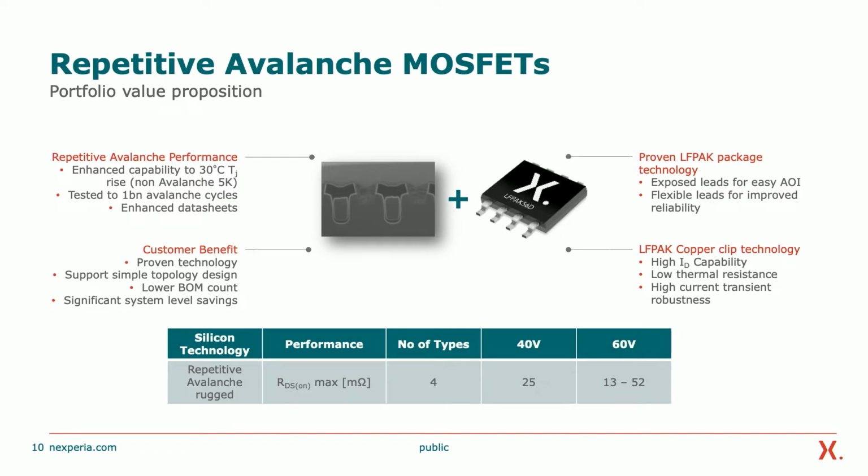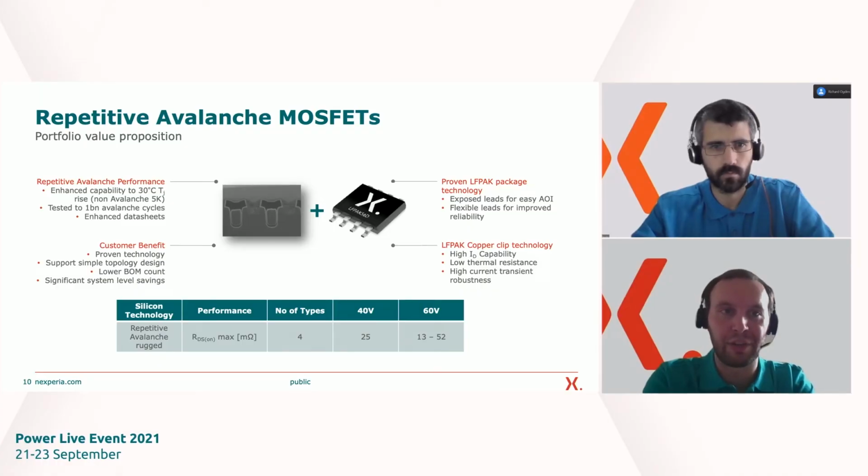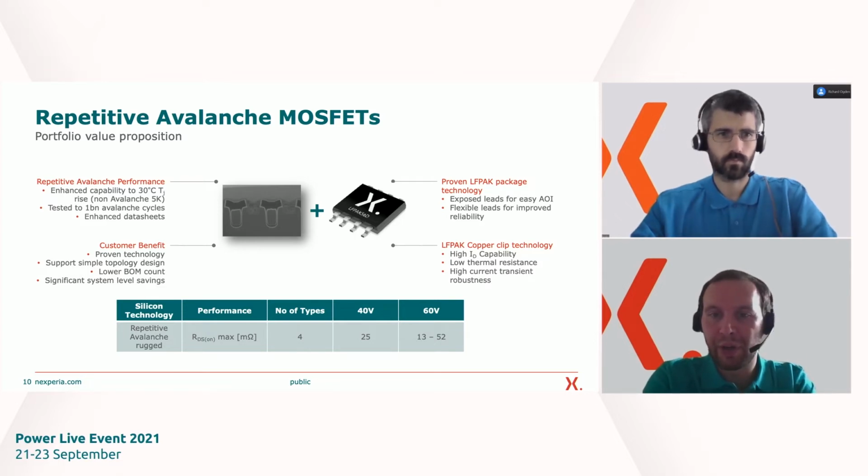Silicon technologies that only have a 5 Kelvin or a 5 degrees C rise. We have tested it to 1 billion Avalanche cycles. And as I mentioned, it has the enhanced data sheet. So we've got a range of 4 products here, predominantly across the 60 volt range, because this is where we see the biggest fit in the market. But there's also a fit at 40 volts for a more focused support on transmission systems.